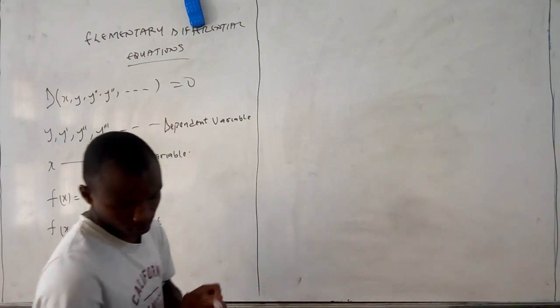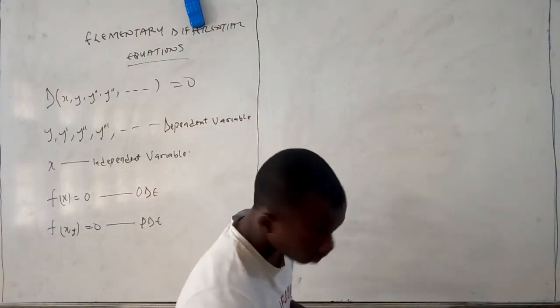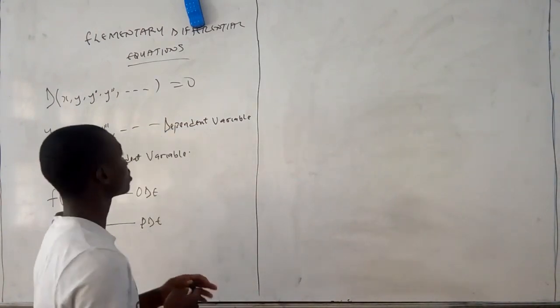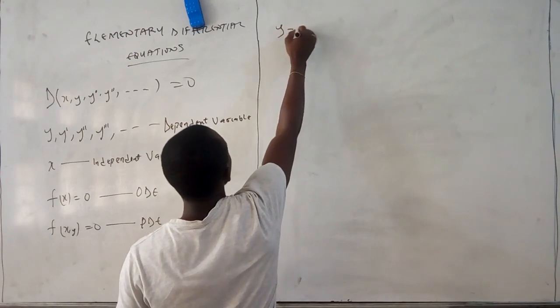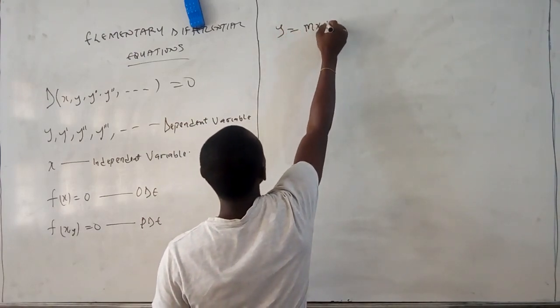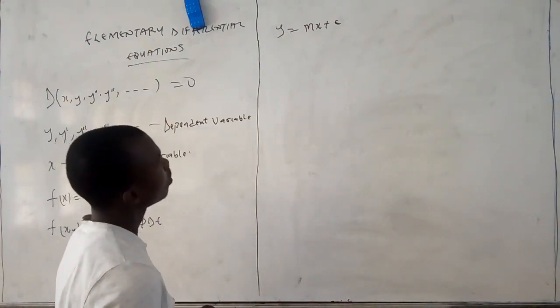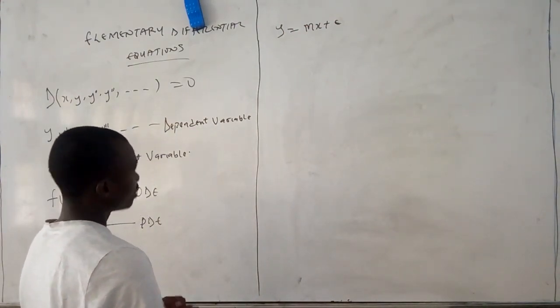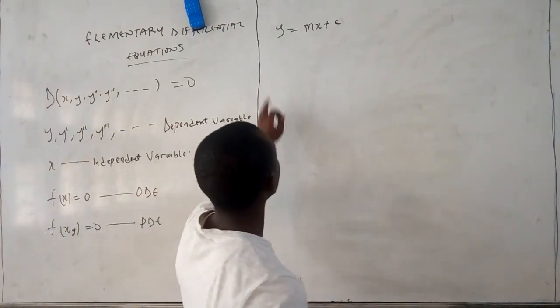So for the solution of a differential equation, it's all about removal of the constant. If you are given an equation y is equal to mx plus c, this is just an equation.